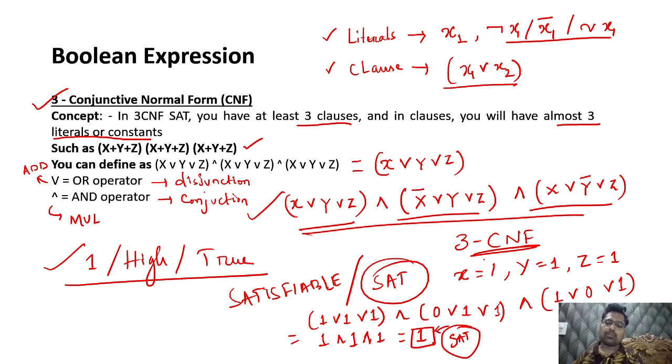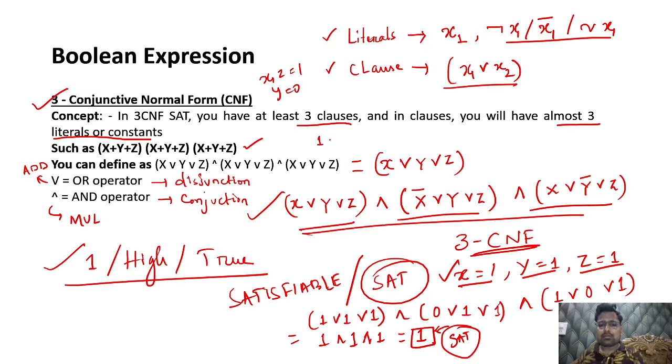On which condition? If X value is 1, Y value is 1 and Z value is 1, then only we are getting 1. If you change it, we have to check whether we still get it. Instead of putting Y as 1, just say it is 0 for us. Is it satisfiable or not? I'm keeping Y value as 0 and X, Z as 1.